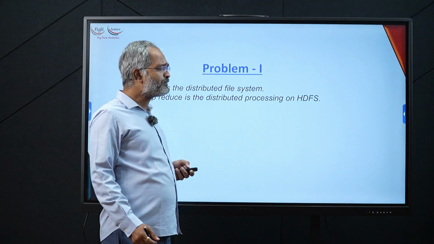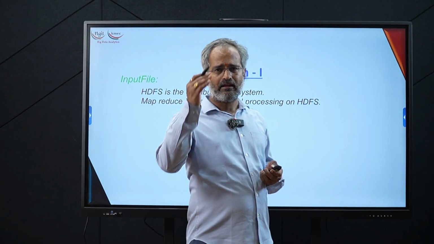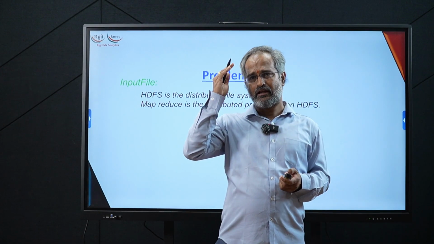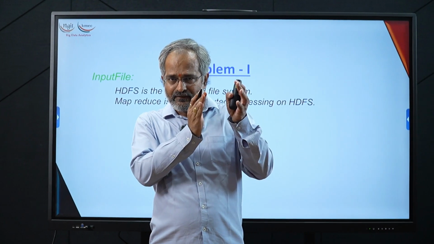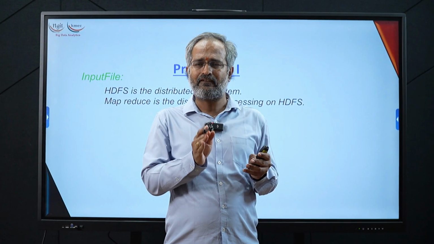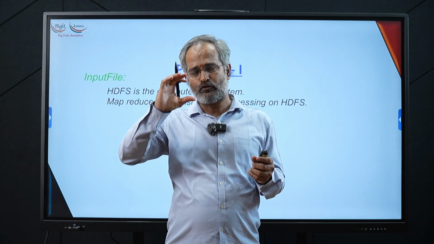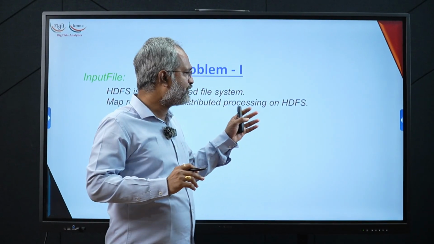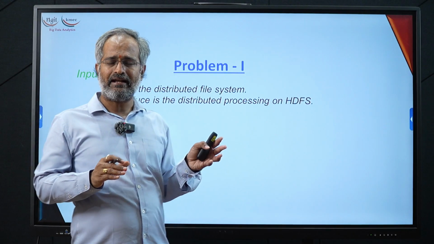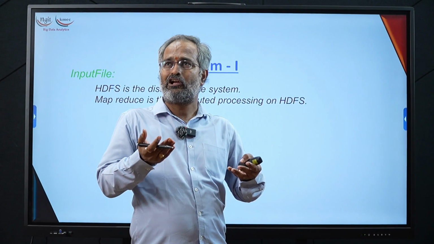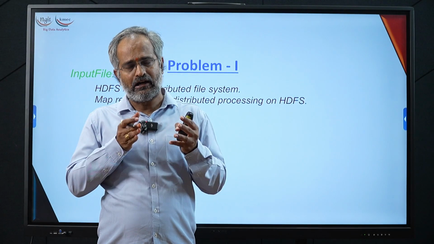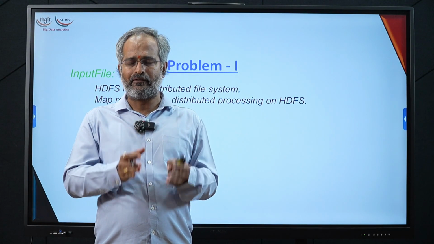Now, as you remember, in the initial steps of MapReduce, the first step is that it will divide the data into splits. Already the data is very small. Generally the split or block size is 128 MB.